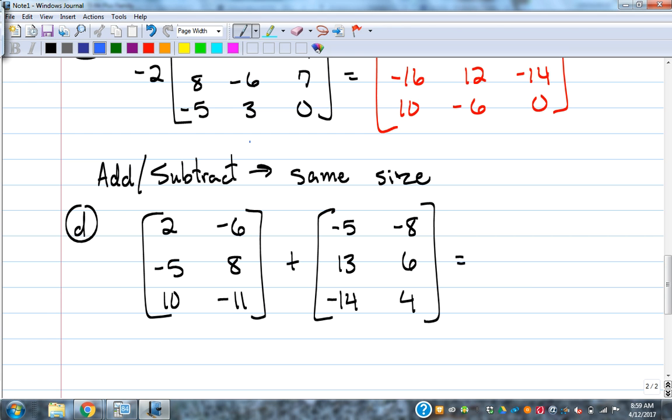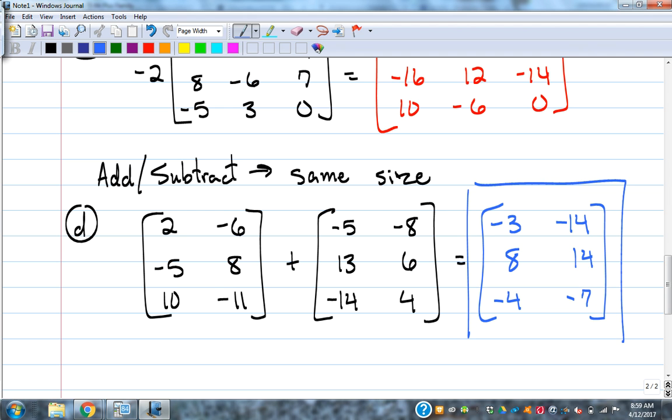You just put this in as matrix A, this in as matrix B, and tell it A plus B. I don't do it in the calculator because it's quicker to just go: 2 plus -5, -3; -6 plus -8, -14; -5 plus 13, 8; 8 plus 6, positive 14; 10 plus -14, -4; -11 plus 4, -7.